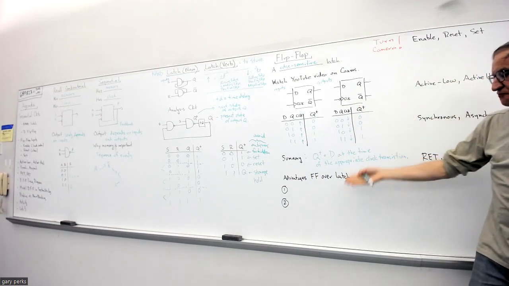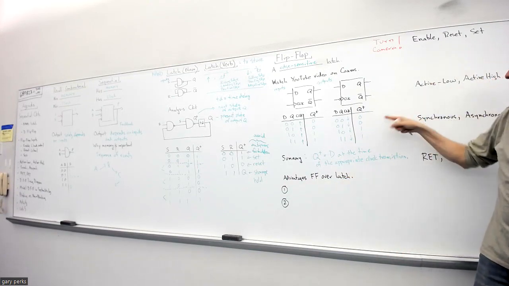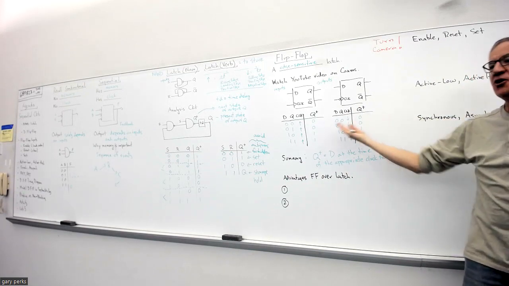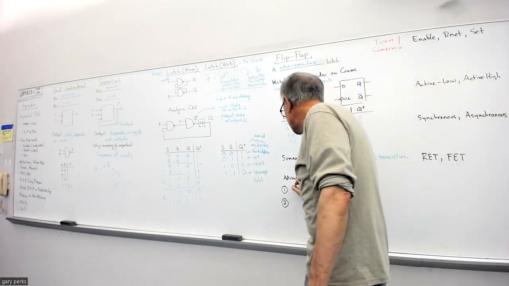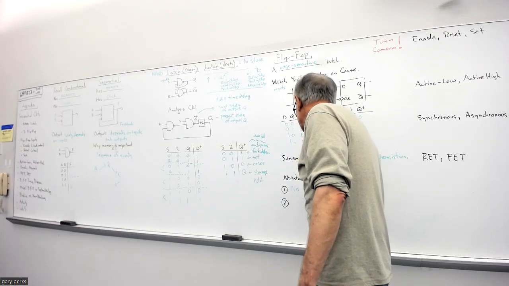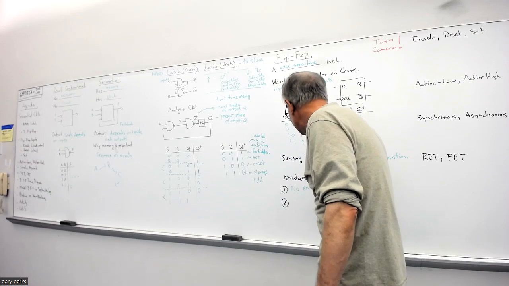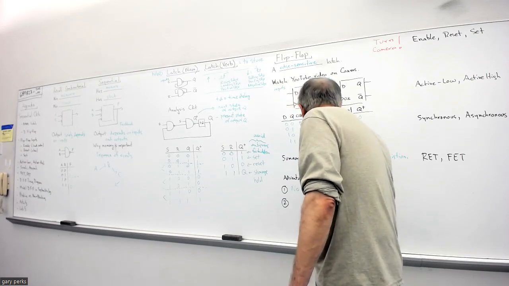So you see, the two advantages that the flip-flop has over the latch are, look, first of all, in either one of these truth tables, there's no ambiguous state. It has no ambiguous or forbidden state in the truth table.